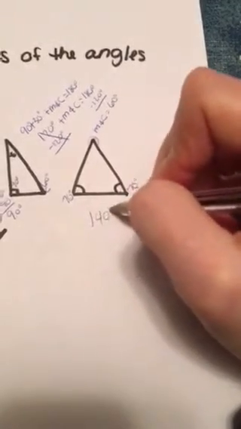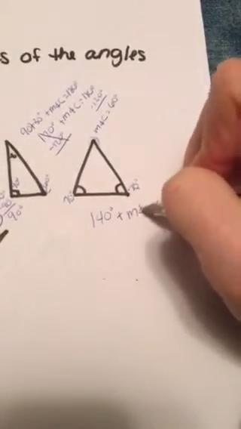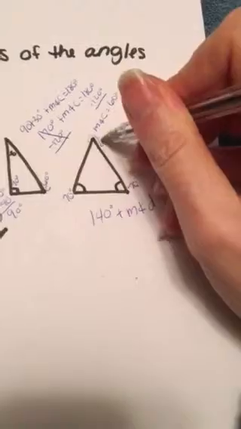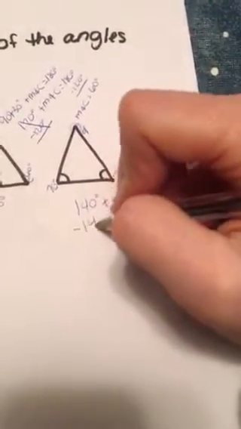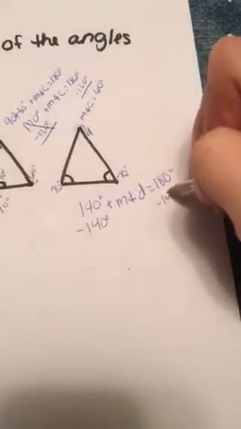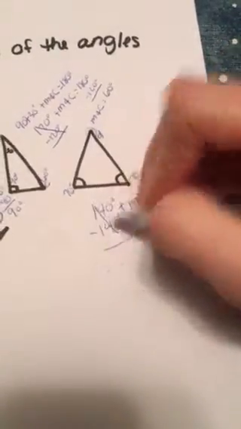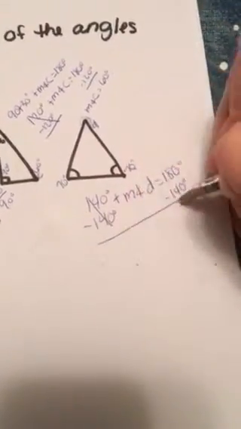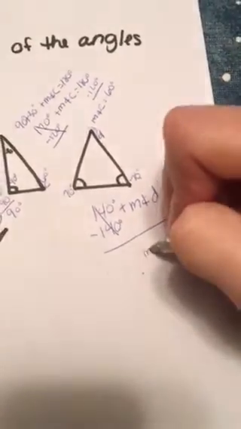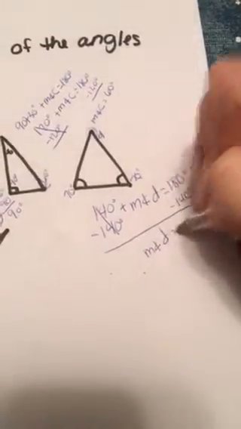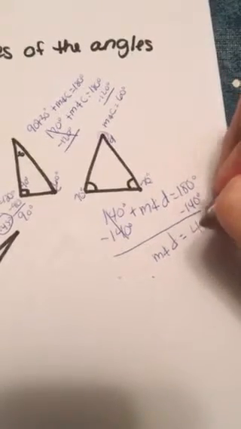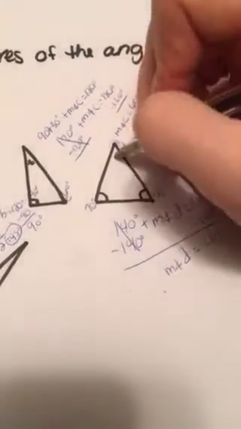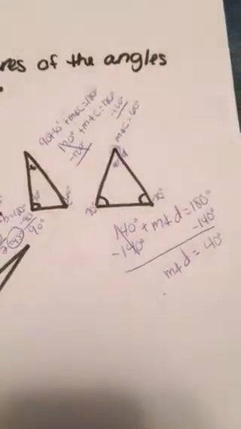I have 140 degrees plus the measure of angle D, call that D, equals 180 degrees. I want to get the measure of angle D all by itself, so I am going to subtract 140 from both sides using the subtraction property of equality. Since these are 70 degrees, I know that the measure of angle D is 40 degrees.